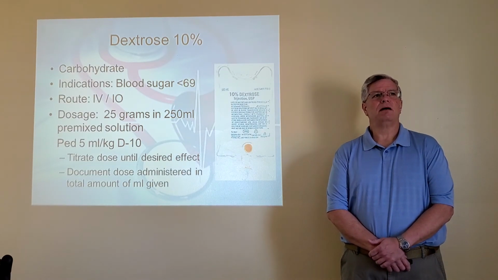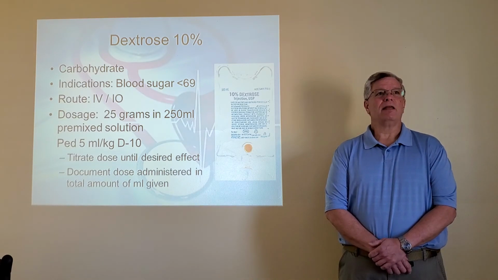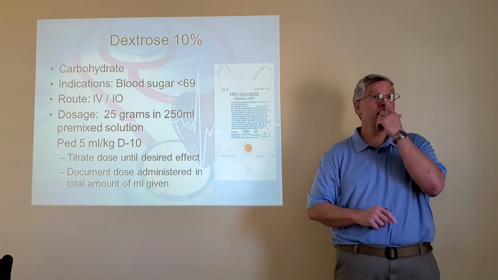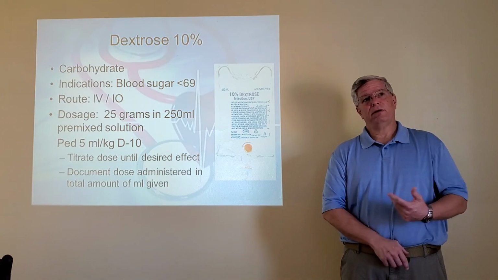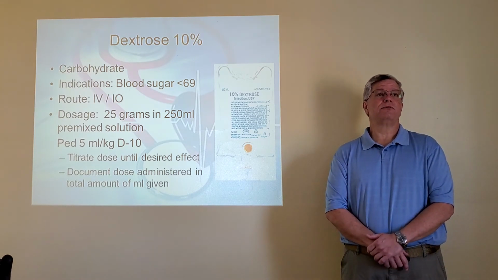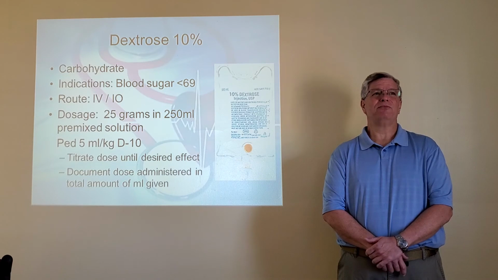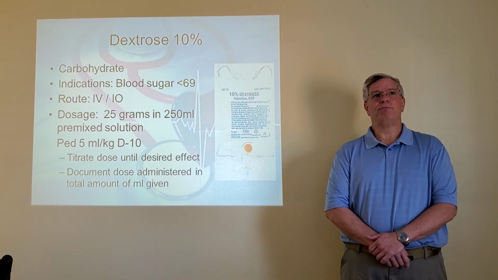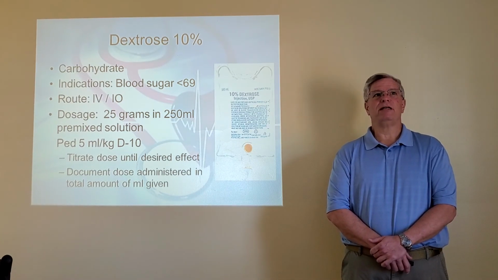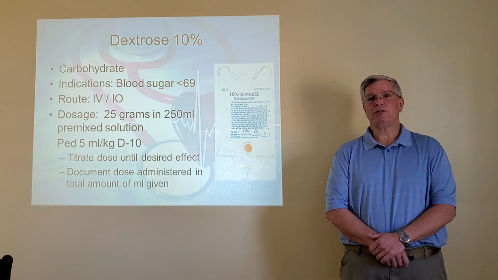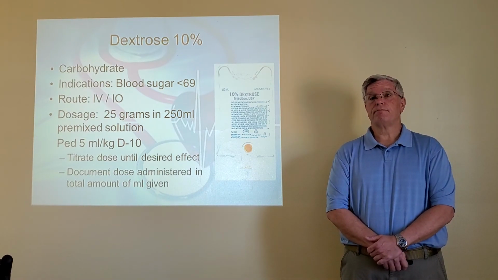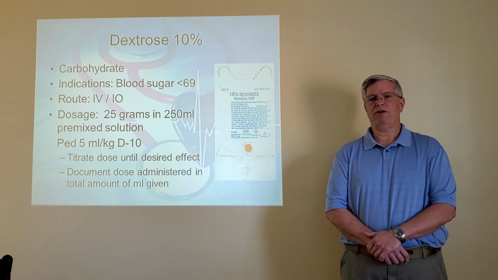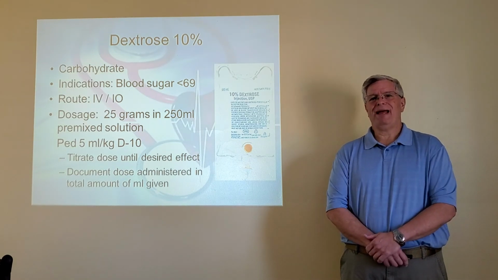Our diabetics, we currently use D10, indications of blood sugar less than 69. But if you have a patient that has diabetes, has a problem with hypoglycemia, ask them what their normal blood sugar is. You may have a patient that's got blood sugar of 100 and they're out or combative.